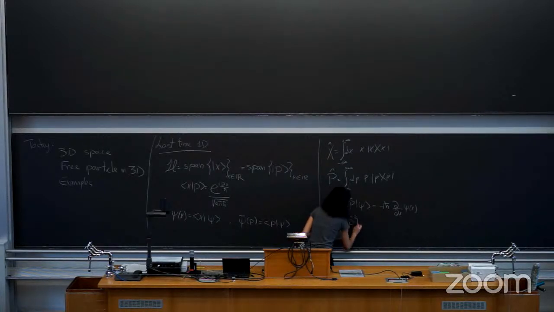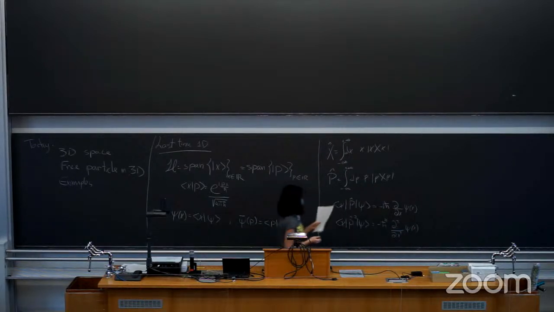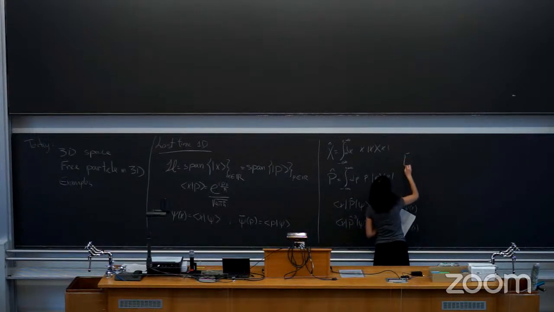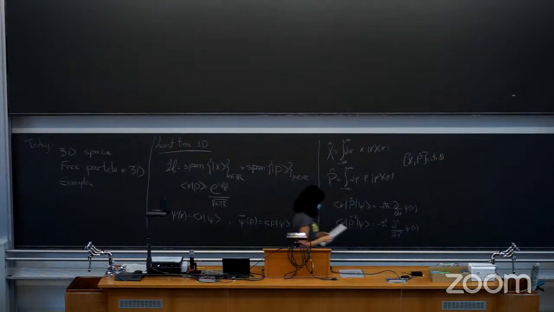If you do it twice, you get the second derivative. And so on. The main thing about them was that the commutator was a constant. Right, and from here we computed a bunch of commutators.